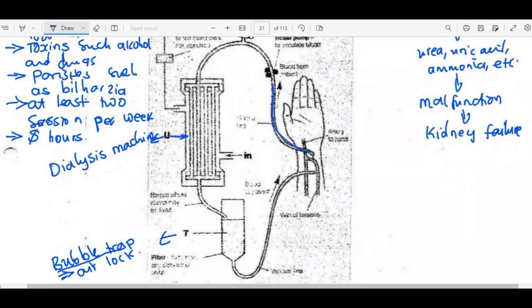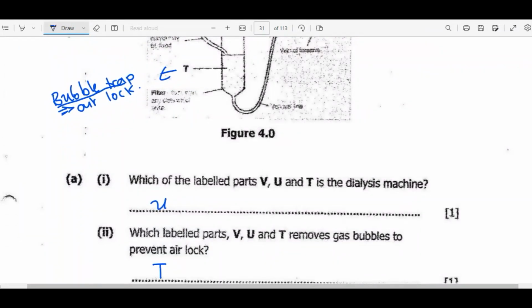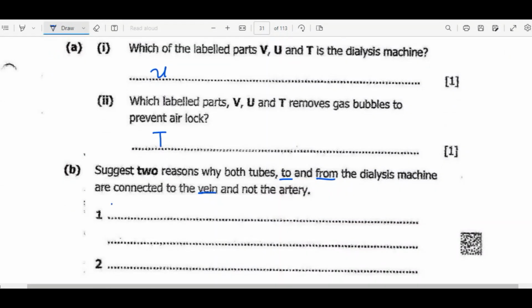So that is the first thing, in terms of speed. So we'll say because veins carry blood at low pressure, right?